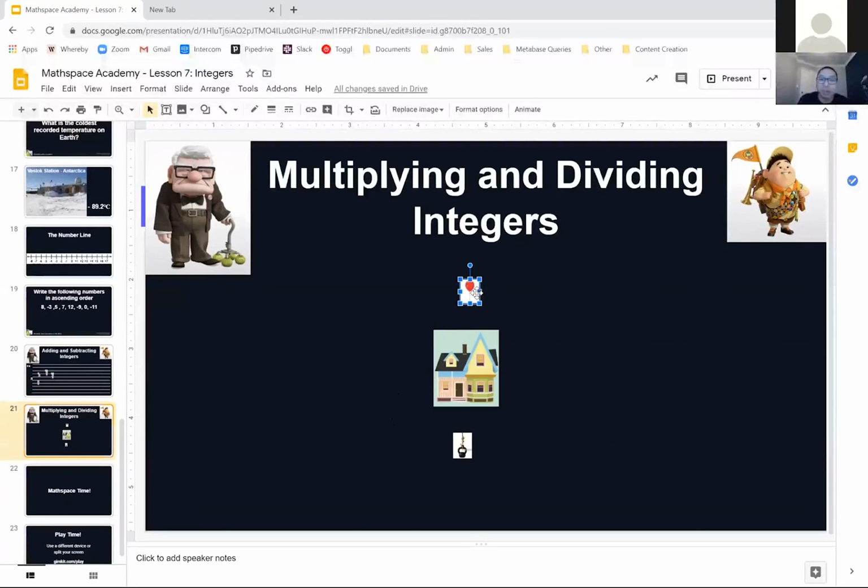Interestingly, you can kind of apply this idea to multiplication and division as well. The main reason why I showed you the thing before is because I wanted to give you another idea about how multiplying and dividing the integers work, but I couldn't do it on the number line very well, so I thought I'd try it this way, right? So let's say the house has 1 balloon on it, and let's say I multiplied those balloons by, I don't know, by 5, right?